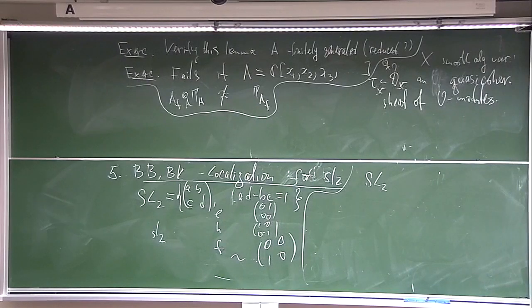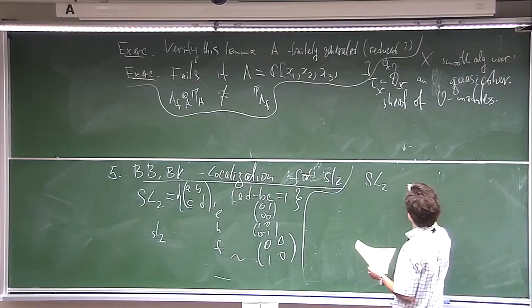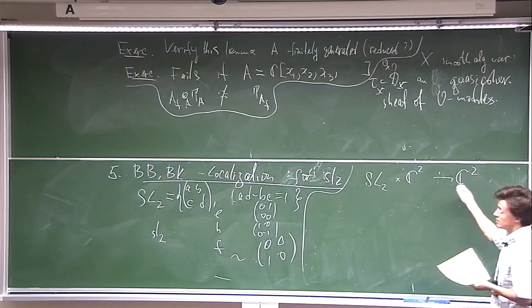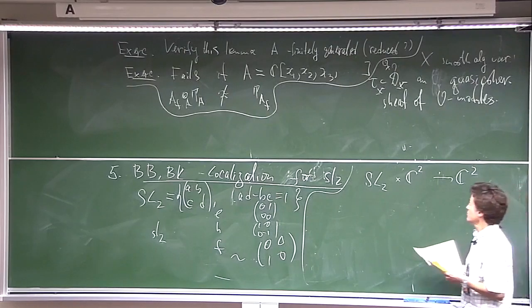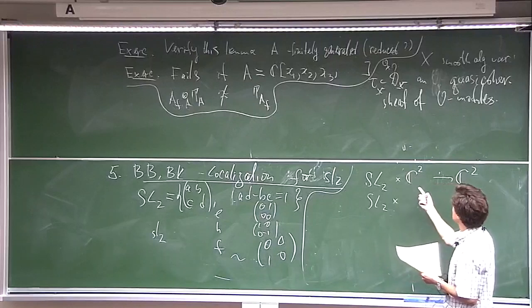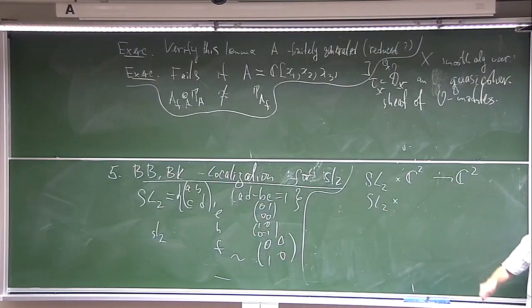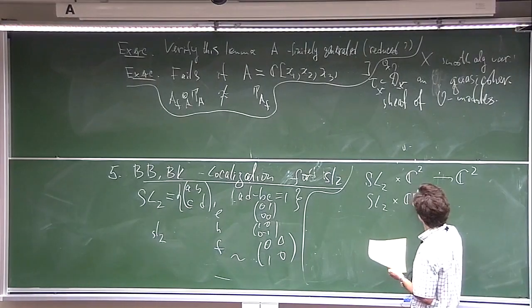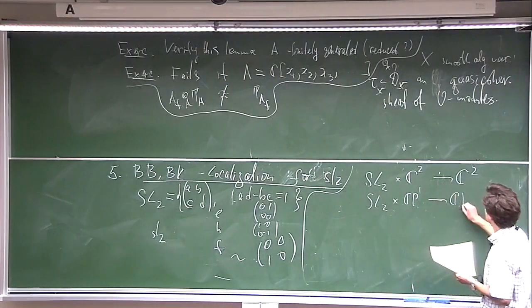So people who are not quite familiar with this may enjoy figuring out some of the details here. So SL2, of course, acts on C2 by the very definition. And so SL2, therefore, acts on lines in C2 through 0. And that's CP1.